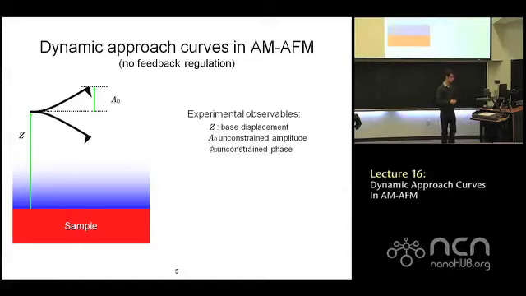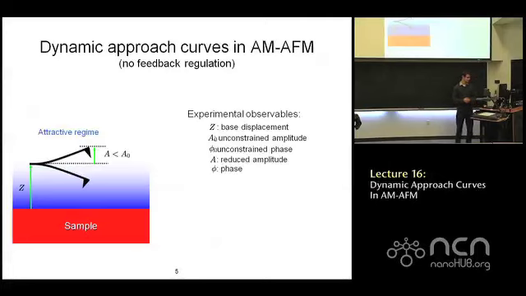The experimental observables, which are very important, are the base displacement Z, although we don't know the datum of Z, but it's not important, the unconstrained amplitude A0, and what we call the unconstrained phase, which should be 90 degrees. And we approach the sample by reducing Z.